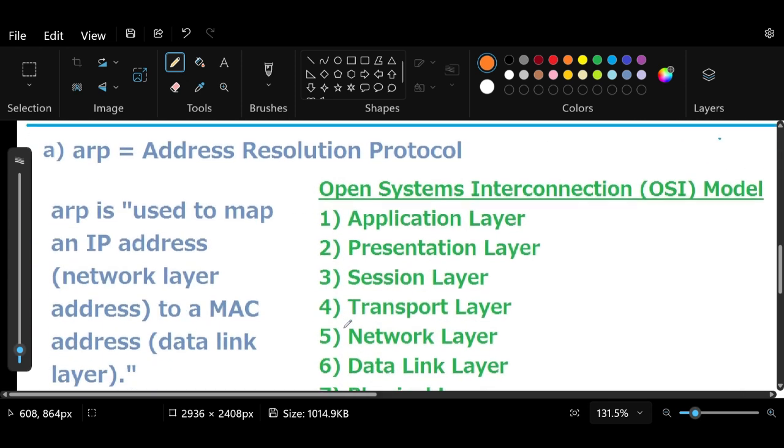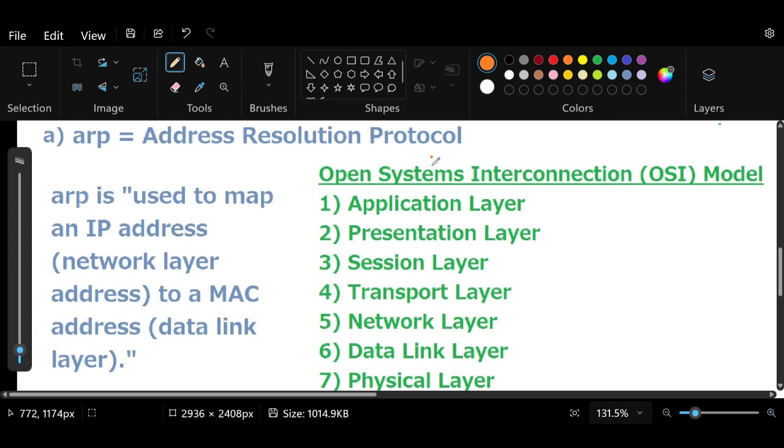Regarding the ARP, address resolution protocol, I had to look this up, and it says that it's used to map an IP address to a MAC address. We know that devices would have a MAC address, and in that way we know whether a machine is connecting to an address somewhere.